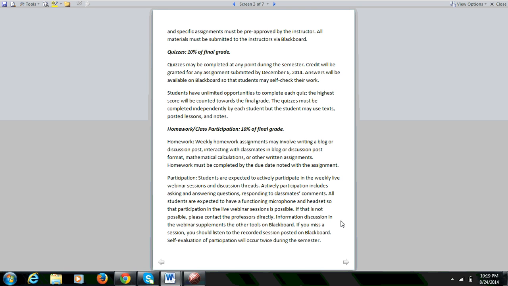Now, for the grade, there are several pieces. There will be quizzes, and you'll note when I go back into Blackboard, every week has a quiz section. Those quizzes you can do as many times as you would like. It's probably best if you try to complete the quiz before we post the answers.